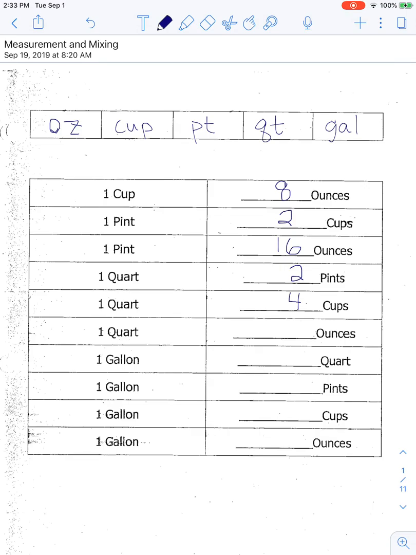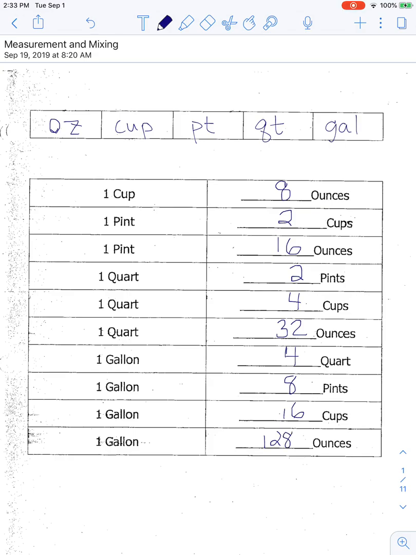A quart, if there's 8 ounces in each one of those cups, then a quart has 32 ounces. There's 4 quarts in a gallon. So that would mean that there was 8 pints in a gallon, which would give us 16 cups in a gallon and 128 ounces.